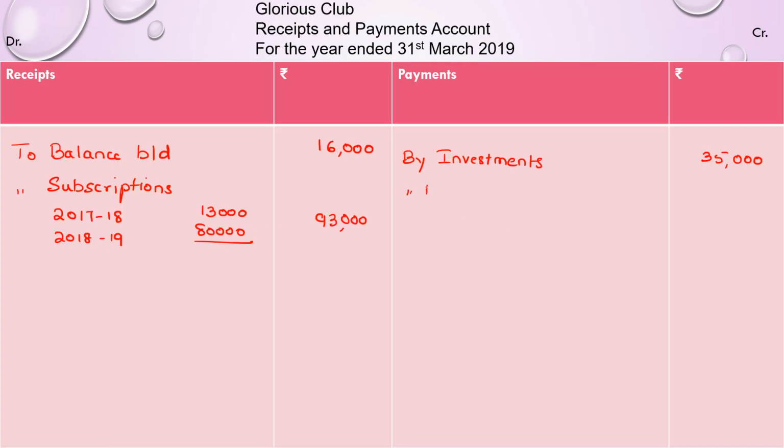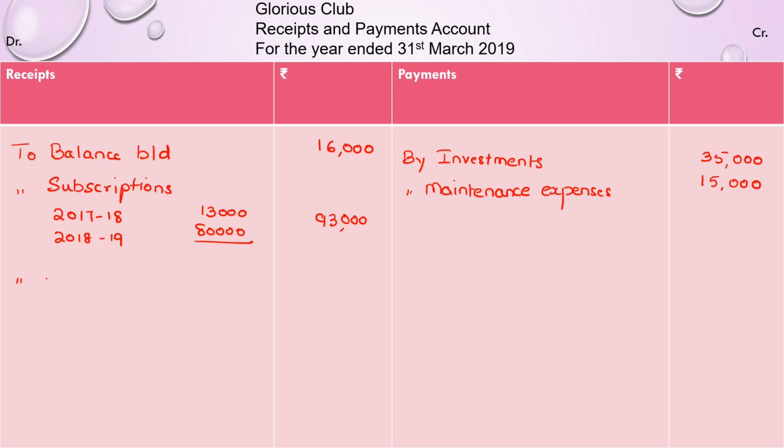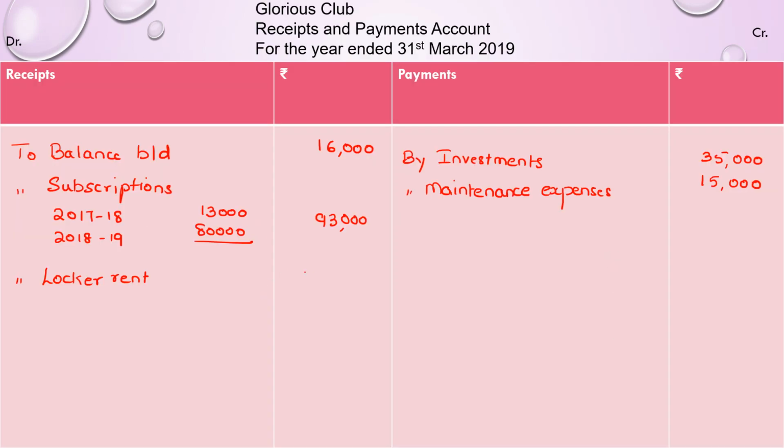So write by maintenance expenses, 15,000. Next, we have the locker rent which has been received by the club, which has been collected from the members, 40,000. So it is on the receipt side, to locker rent. Amount is 40,000.